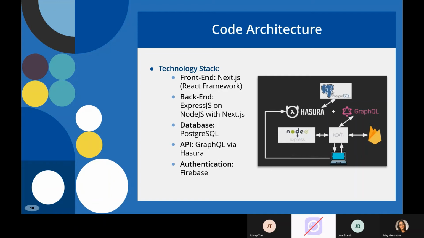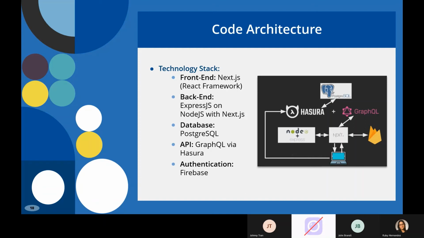Next.js is an open source development framework that's built on top of Node.js, and it enables several features, including server-side rendering and generating static websites. And we're also going to be using the backend with Express.js, which works with Node.js.